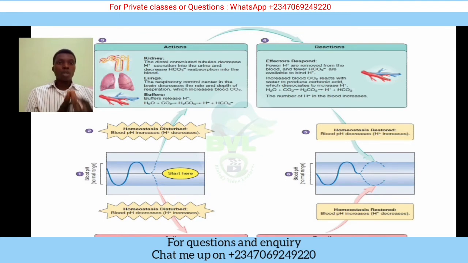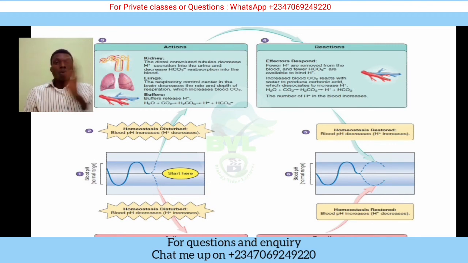Because what you should know is that from number 2, when we say we have blood pH increase, it means it has moved to like 7. That's moving towards alkalosis, which is not good. So at that point, we need something that will bring it back to its acidic medium, because we are already becoming basic in nature.